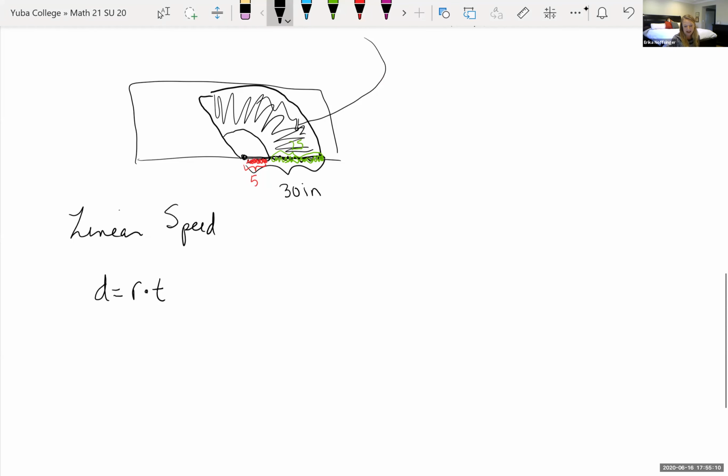I could divide both sides by t, and I would get that the rate, or the speed, r, is equal to the distance all over time. Instead of r for speed, like we've used in the past, we are now going to use the letter v, kind of like velocity. So we're going to use v equals the linear speed.